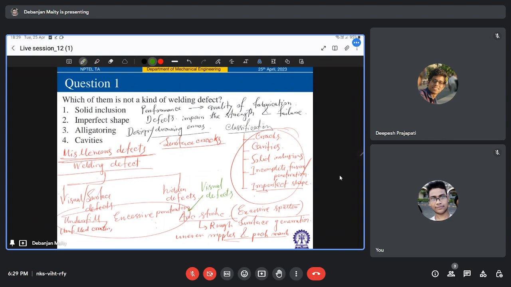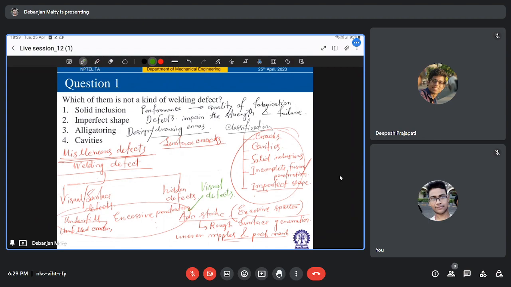Now you have the surface porosity, right? You have some surface oxidation, and among these visual or surface defects, like surface pattern, many a times that can create unevenness on the surface or affect surface finishes. So those are also coming under these visual or surface defects.